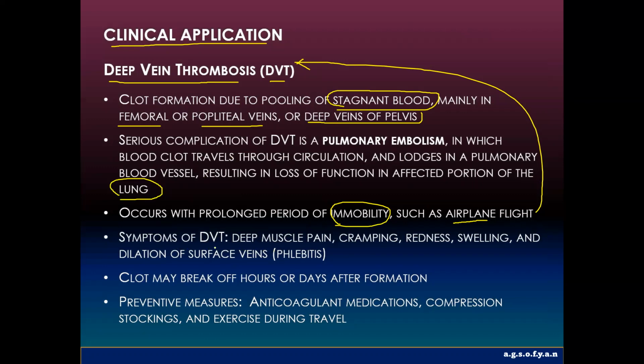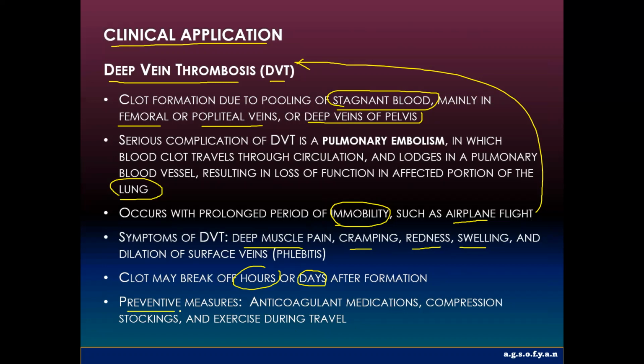Symptoms of DVT include deep muscle pain, cramping, redness, swelling, and dilation of the surface veins. The clot might break off hours or days after formation. So maybe it will be dissolved by the plasmin several hours or several days after the formation.